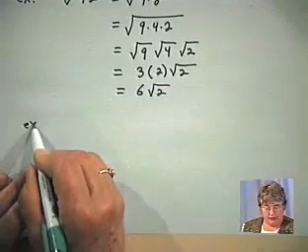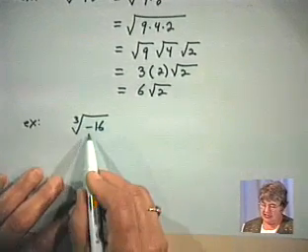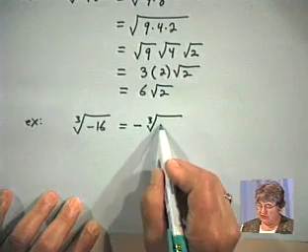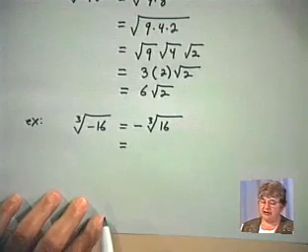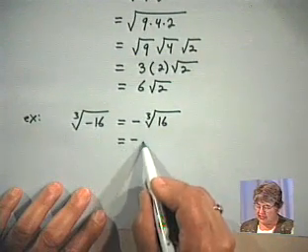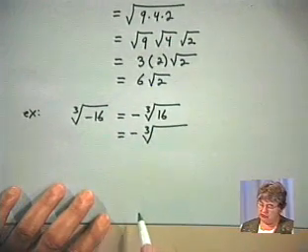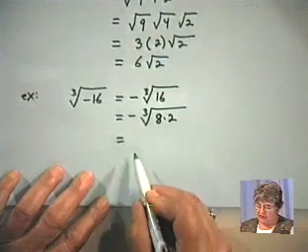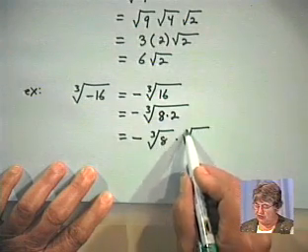Cubic root, another example. Suppose we have the cubic root of negative 16. Well, as we've seen earlier, this is the negative of the cubic root of 16. So we could take care of that negative by putting it outside, and then we don't have to worry about it. But now, since we're taking cubic roots, we want to break up the number 16 into a product of perfect cubes if we possibly can. And we know that 8 is a perfect cube. So now we're going to say this is minus the cubic root of 8 times the cubic root of 2.